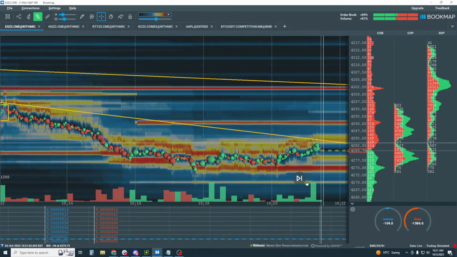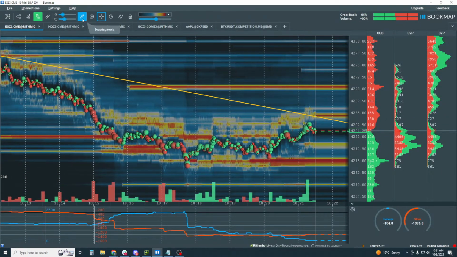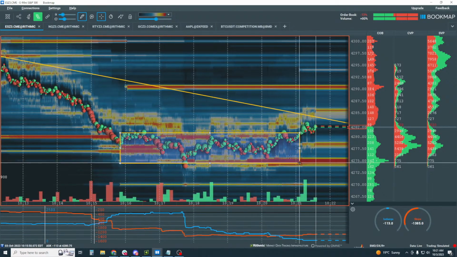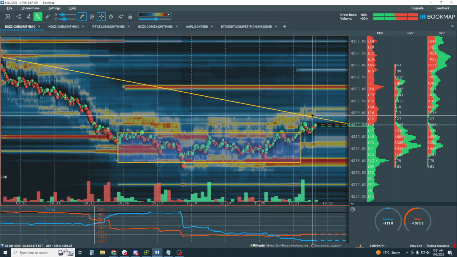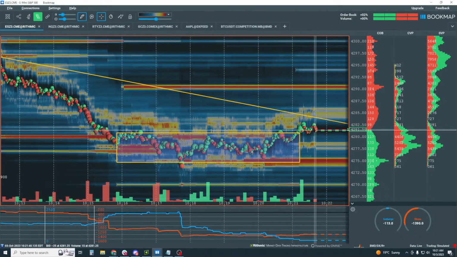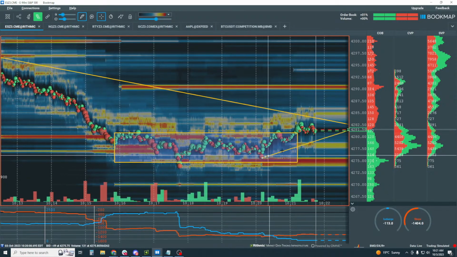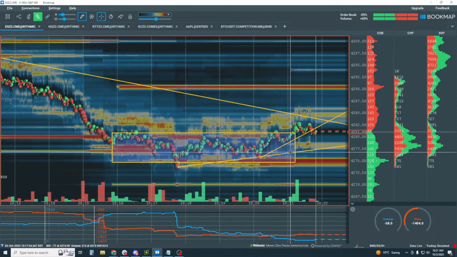All right, so let's look at, again, structure here. Now we don't want to... reversal structures can be very, very challenging, and we want to be careful with a reversal structure. But boy, when you grab them, you can really knock it out of the park.